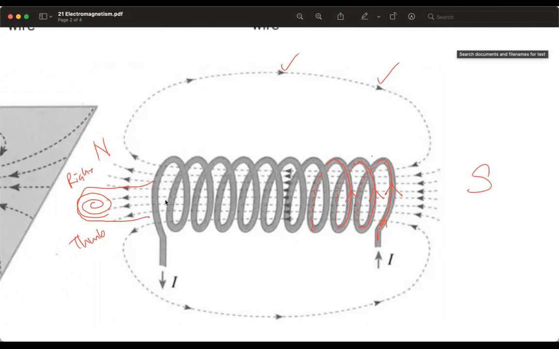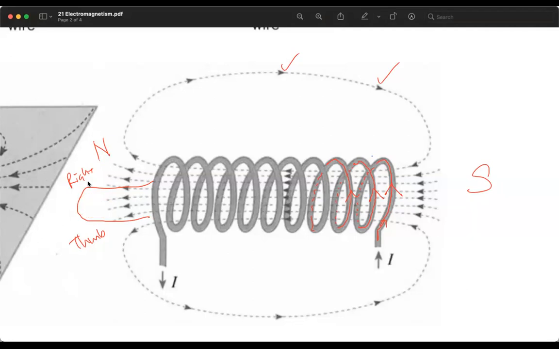So you don't need to put an iron rod inside. You can also produce a magnetic field like a magnet. But if you were to put a soft iron inside this solenoid, this magnetic field will be even stronger. Is that clear? Can you just imagine if you were to wrap your fingers around and into the page, your thumb will be pointing to the left, right?